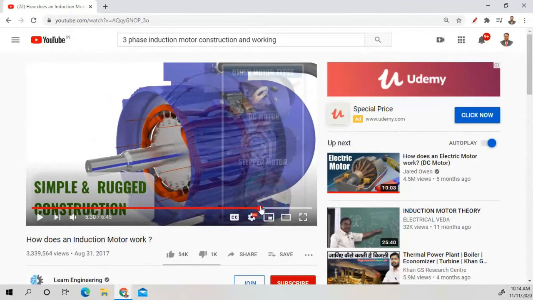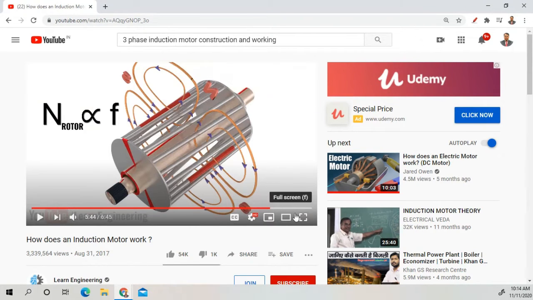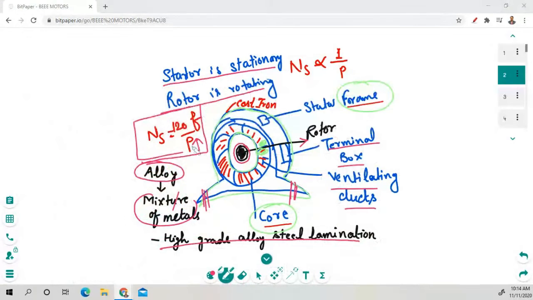You can see how the rotor speed will vary with the help of ns. Ns is the synchronous speed. This is the stator and rotor part and how it works. We have explained.